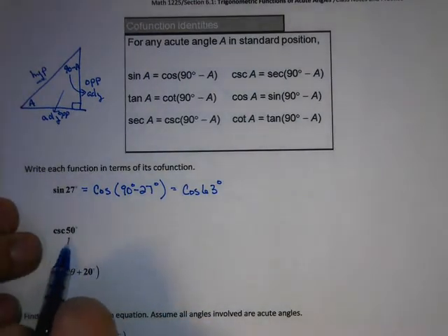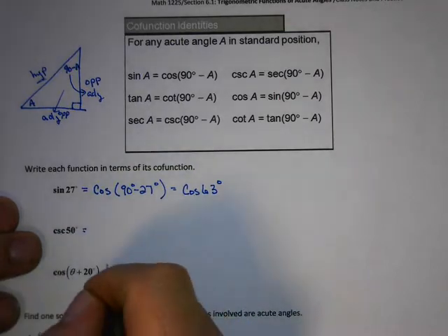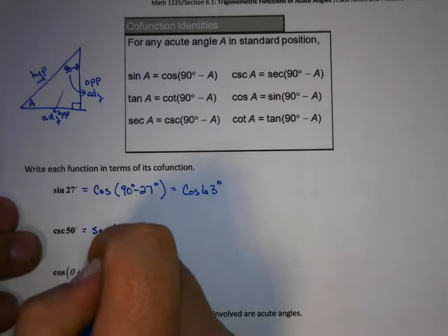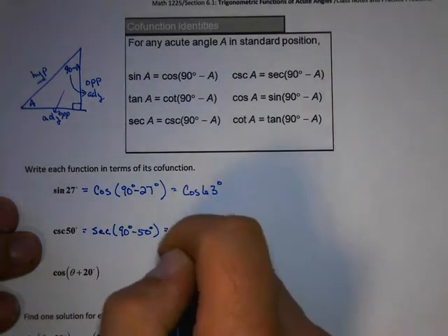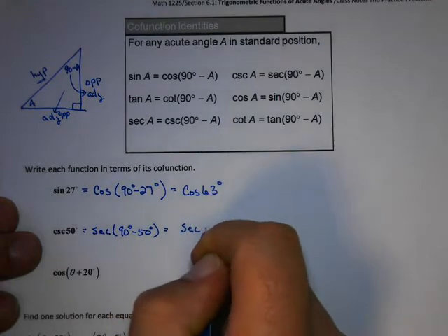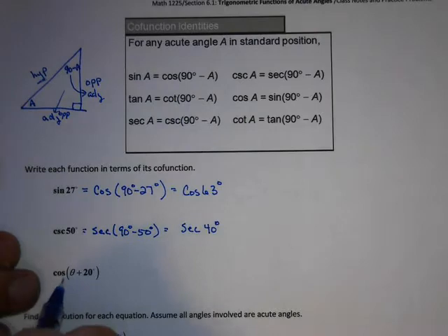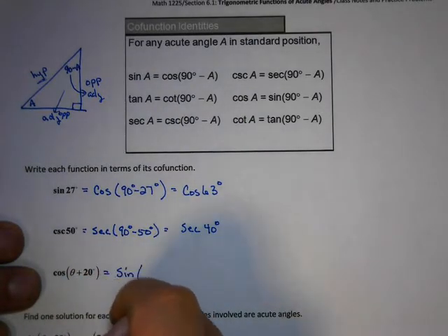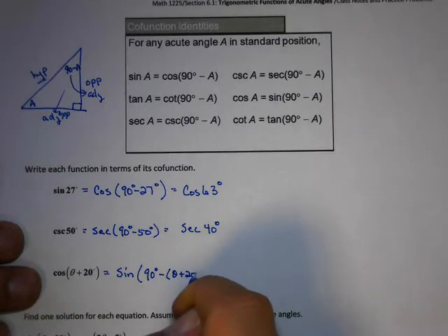So now if we do cosecant 50 degrees, it's going to equal its cofunction, which is secant of 90 degrees minus 50 degrees, which equals secant of 40 degrees. Cosine of theta plus 20 degrees is going to equal sine of 90 degrees minus (theta plus 20 degrees).